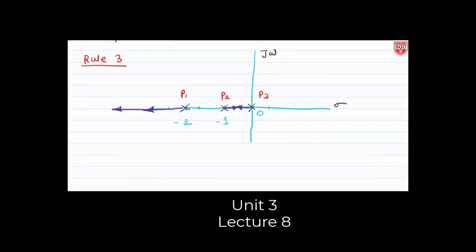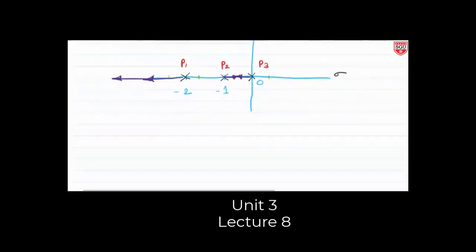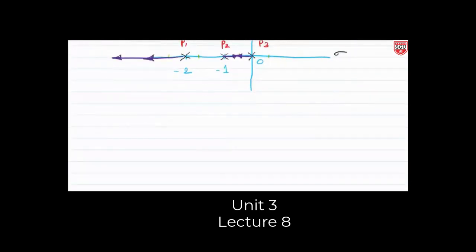This is rule number 3, which shows us the direction. Then what is the next rule? We have to find out the asymptotes. Asymptotes are nothing but the lines which are moving along with the curve. We saw that last time; just we will apply the rule.